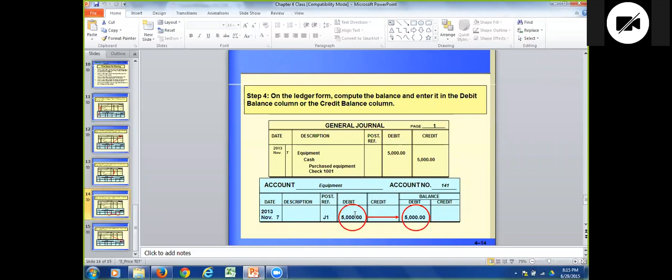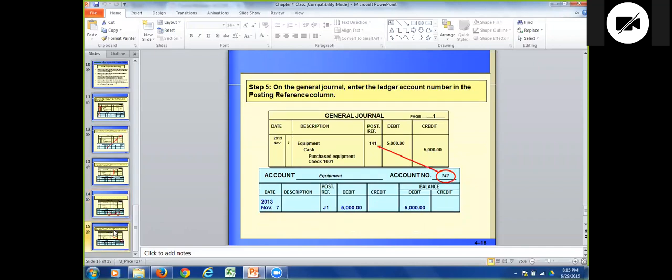Then 4, you want to compute the balance. Since it had a $0 beginning balance, 0 plus a $5,000 debit gives you a $5,000 balance. And then the last step is to put the account number in the post reference in the general journal to show that this was posted.